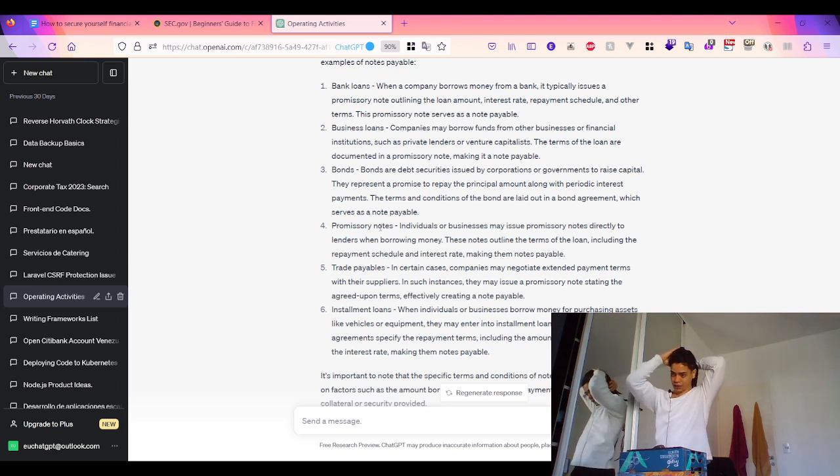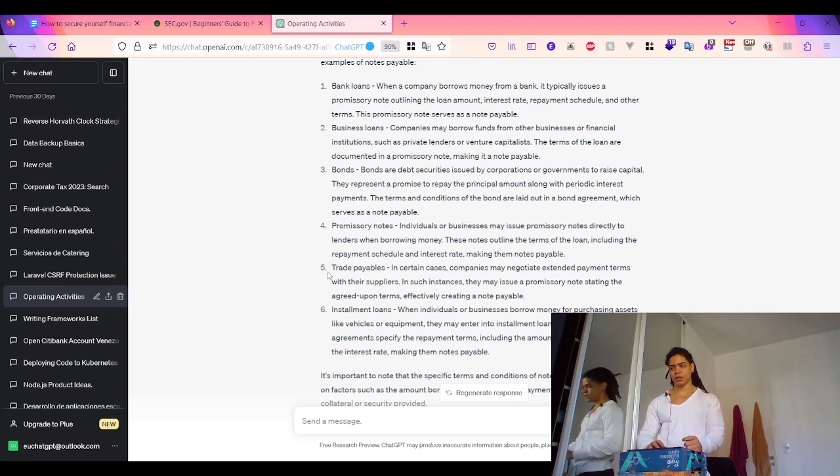These notes outline the terms of the loan, including the repayment schedule and interest, making them notes payable. But this is more for individuals or businesses, according to ChatGPT, that issue these promissory notes directly to lenders when borrowing money.